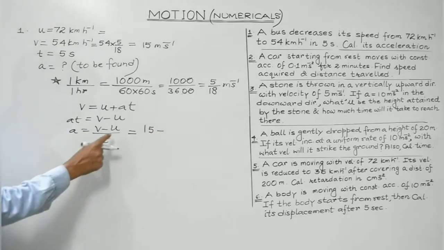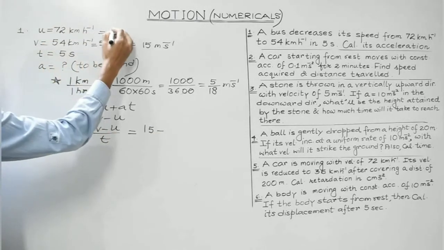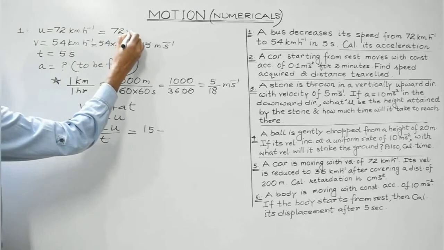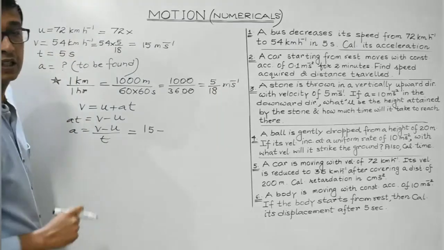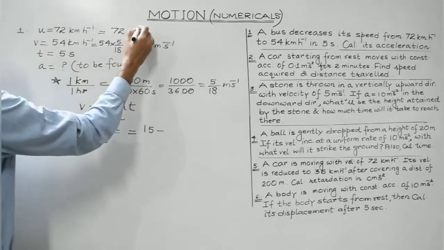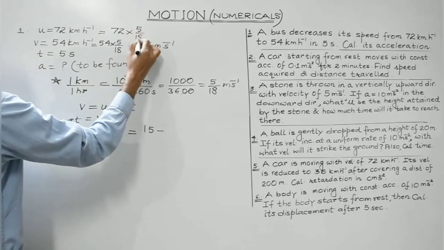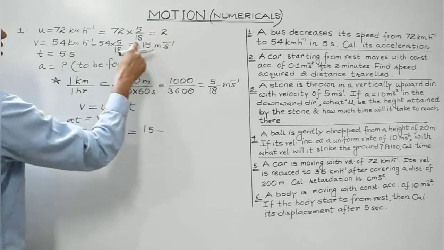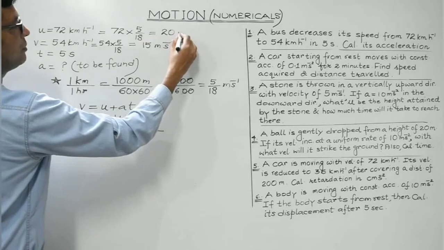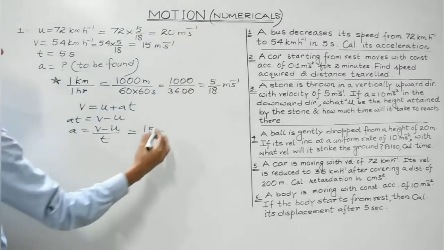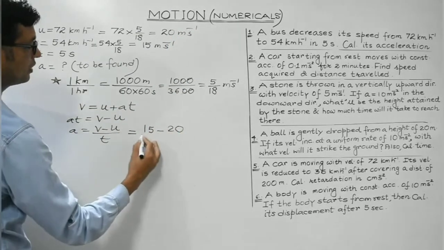Minus, what is U? 72 km per hour. Let's convert it into meter per second. 1 km per hour is 5 by 18 meter per second, so 72 km per hour would be 72 multiplied by 5 by 18. So it will be 4 into 5, that is 20 meter per second.